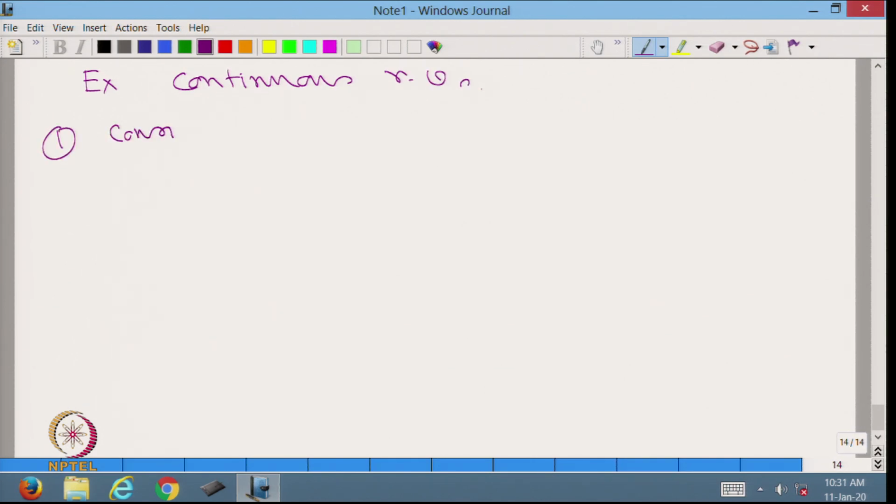Consider exponential lambda. We know that expected value of x is equal to 1 upon lambda. Question is, what is expected value of x square?